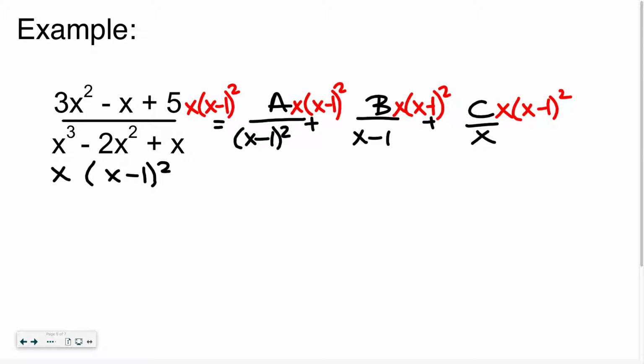I like to write it out on each term so that I can cross stuff out. Okay. Well, on the left side, if you multiply by the whole denominator, then it's all going to cancel, right? So this is gone, and we just have 3x squared minus x plus 5.